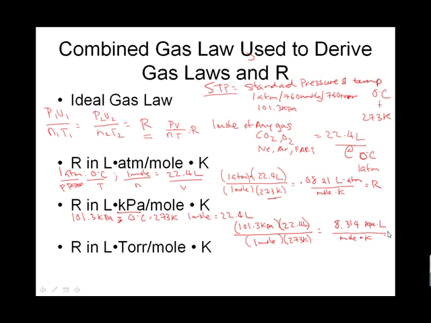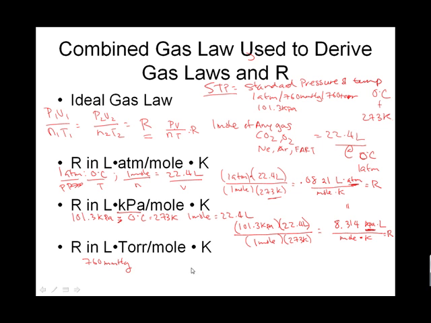So this is again my R, and they equal one another other than the difference in the unit of atm to kilopascal. If you were to do the same thing, we know that 1 atm equals 101.3 kPa, which also equals 760 millimeters of Hg.